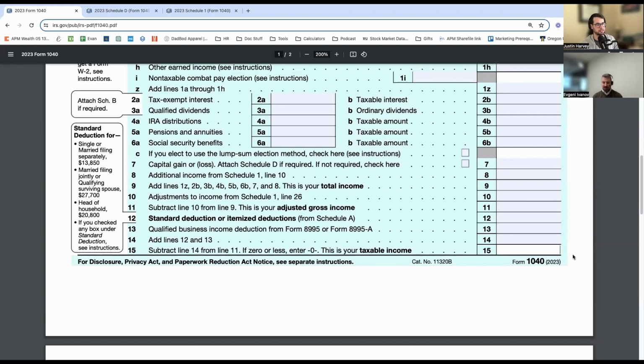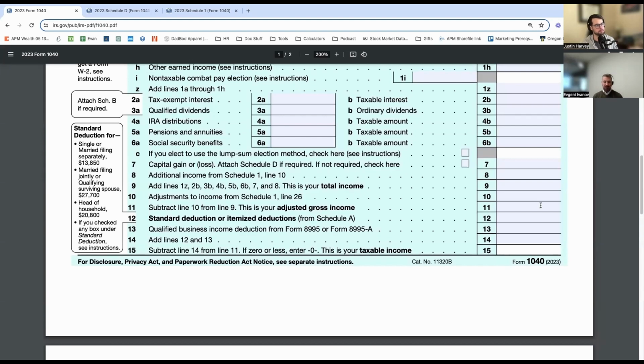Yes, so taxable income starts with income, as it says. Then you get to a point which is line 11 that says adjusted gross income. And for most of our clients, that's all their income. Then you have certain deductions that are allowed before the taxable income is calculated. Line 13 is probably the newest of them, which came with the Tax Cuts and Jobs Act. In 2017, that's a 20% deduction of your business income.